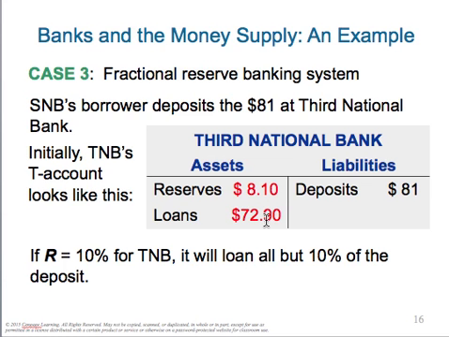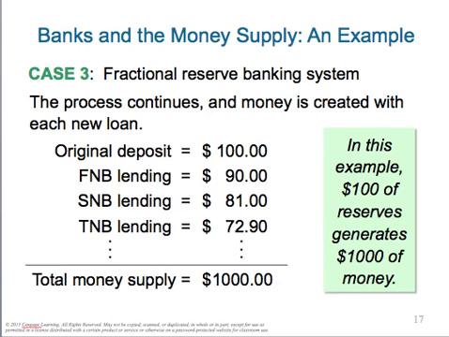Okay. Second National Bank's borrower deposits $81 at the Third National Bank. The initial of the Third National Bank T account looks like this. And then somewhere, somebody's depositing $72.90, and we go on and on. So if the reserve requirement for Third National Bank is 10%, it will loan out all but 10% of the deposit, and the economy starts growing. Now, the process continues, and the money created with each new loan.